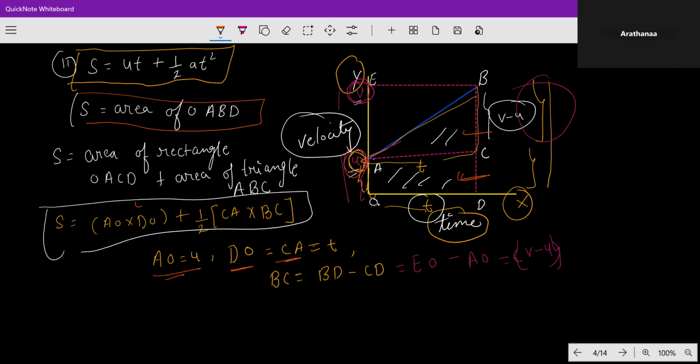If we say OD is equal to t, then we can say that AC is also equal to a t. If we calculate VC, we can say it is VD minus CD. Then we calculate this length, which is v minus u.